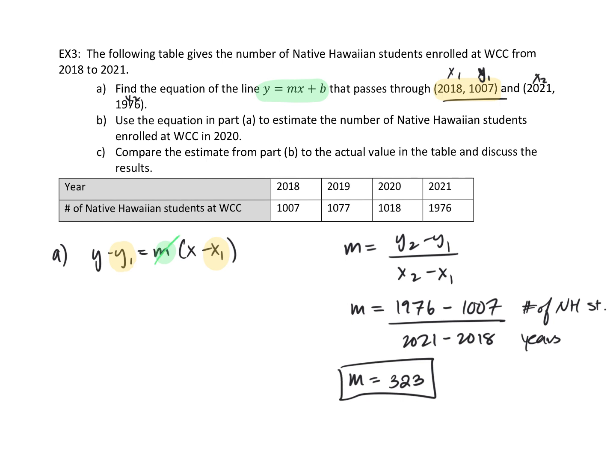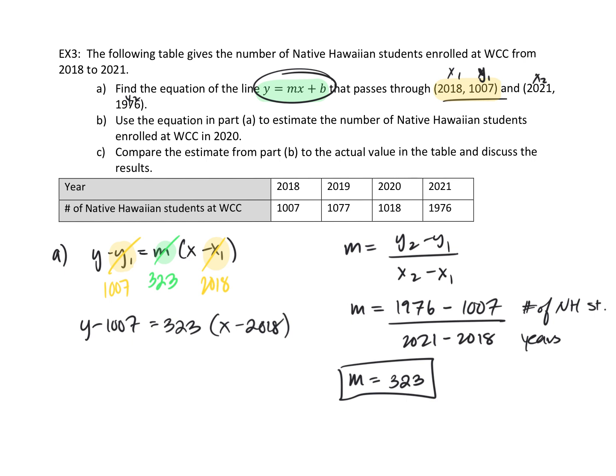Alrighty, so we'll go ahead and use that slope for my formula. Again, we're just trying to find an equation of a line to approximate, to estimate the number of students we see. Again, you can use either point you were given. I'm just going to use this one. The numbers are smaller. So let's say we have y minus 1007 equals 323 times x minus 2018. And again, we want to answer in y equals mx plus b form, so I need to get y by itself.